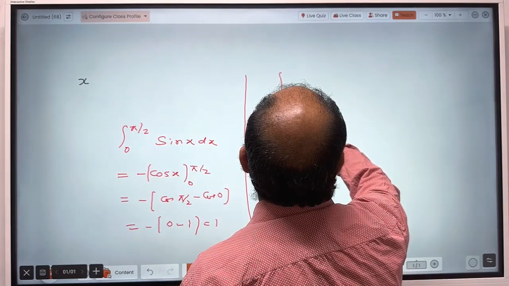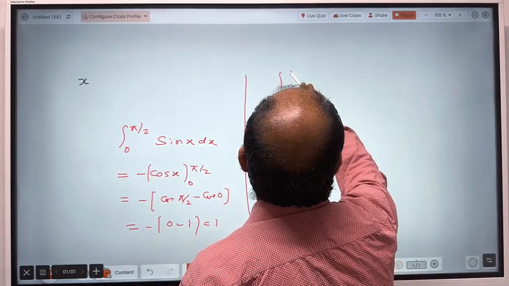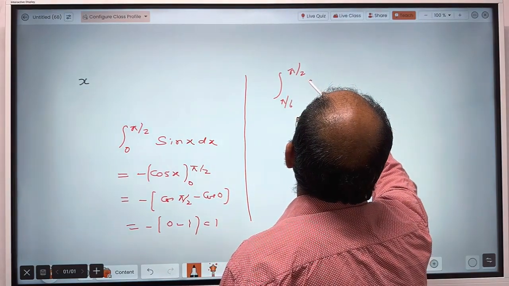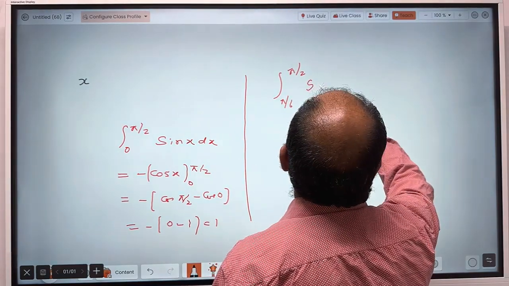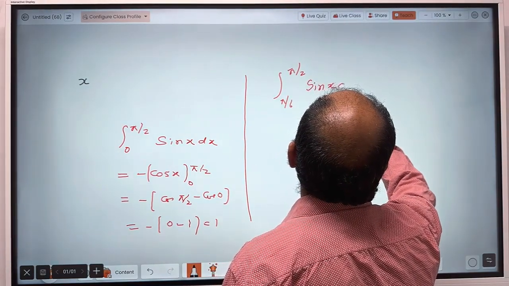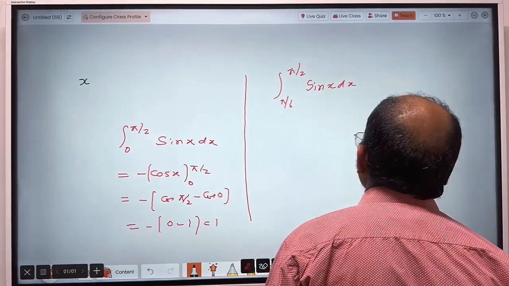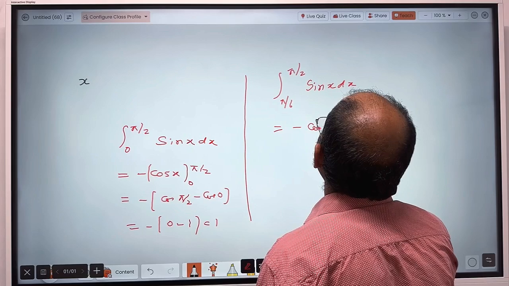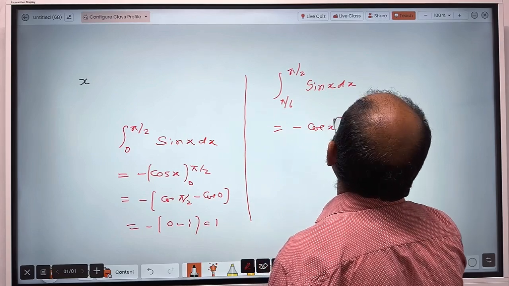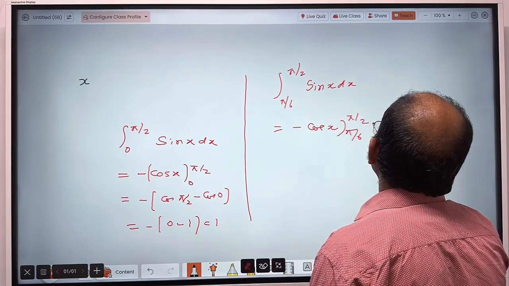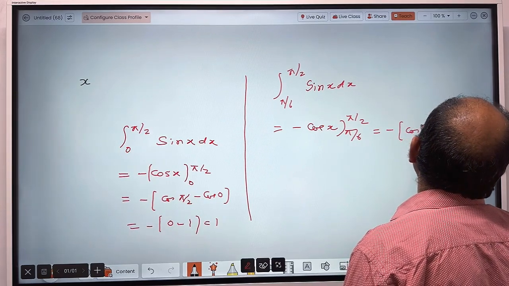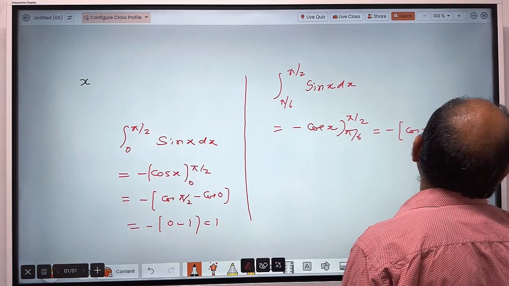Suppose we are given say pi by 6 to pi by 2, and again let's take sine x dx. We can write another function also. So sine x gives minus cos x, then limits pi by 6 to pi by 2. So this will become minus (cos pi by 2 minus cos pi by 6).